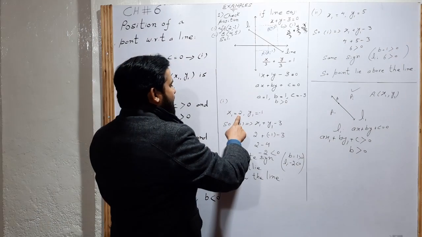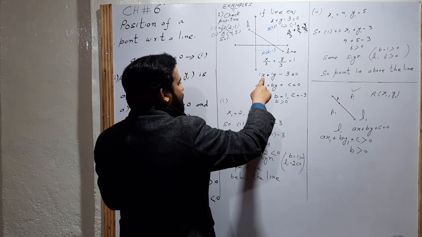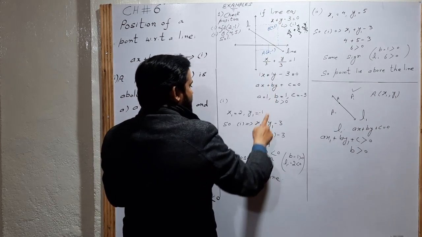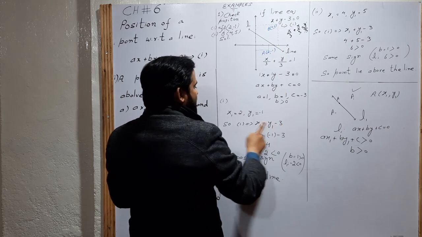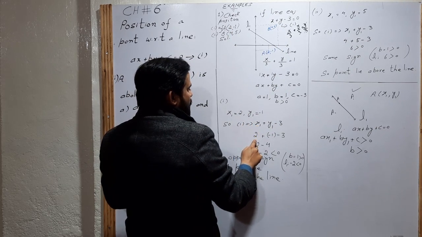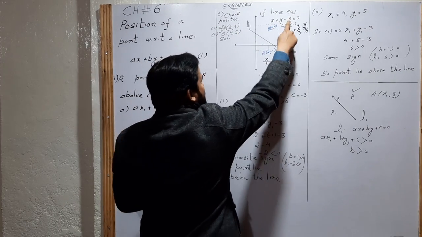So replace x by x1 and y by y1 in equation number 1, that is x1 plus y1 minus 3. But x1 in this case is 2, so put 2, y1 in this case is minus 1, and there is minus 3.